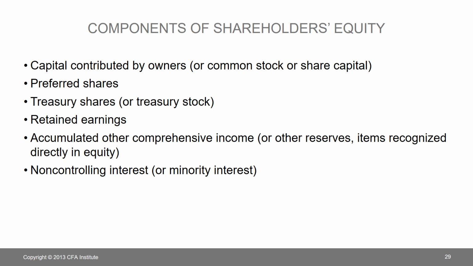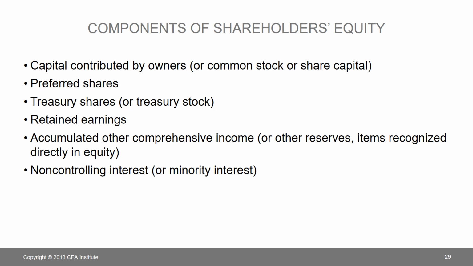Now, another component of shareholders' equity is the preferred shares. These are shares that have rights that take precedence over the rights of common shareholders. Preferential rights generally pertain to receipt of dividends and receipt of assets if the company is liquidated.